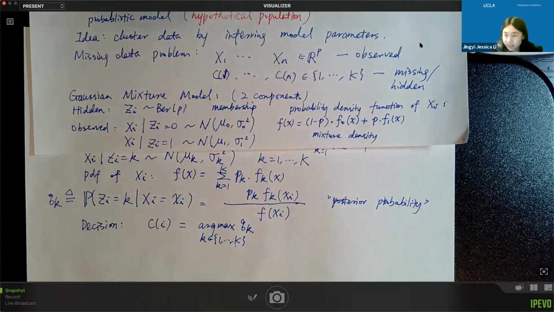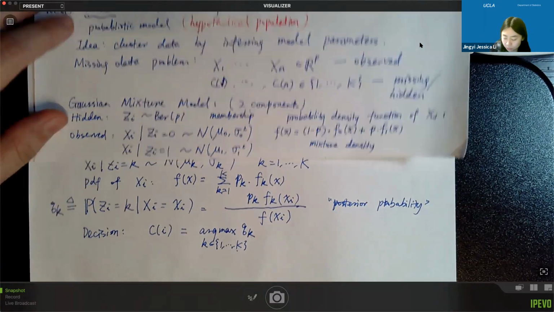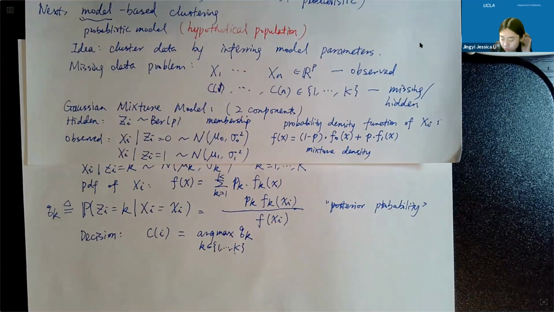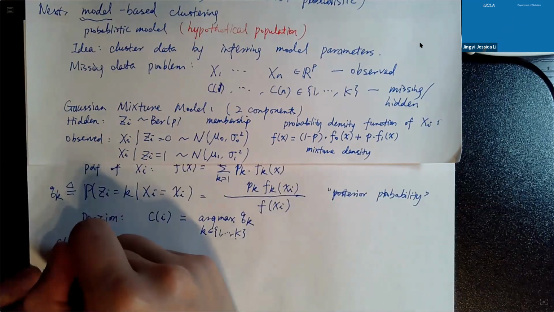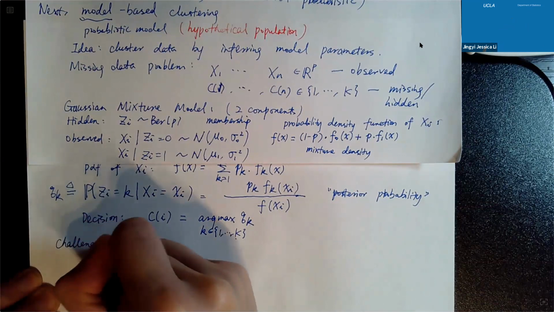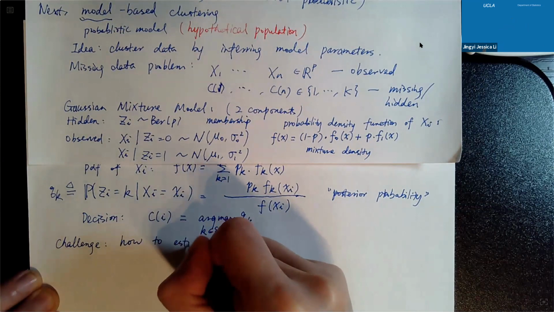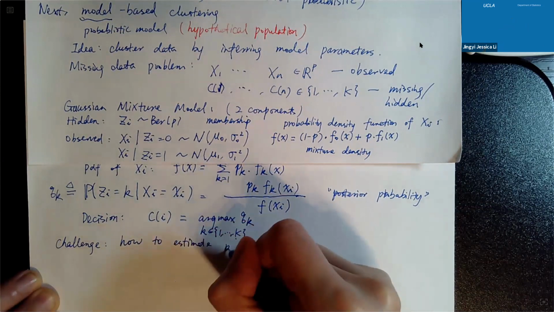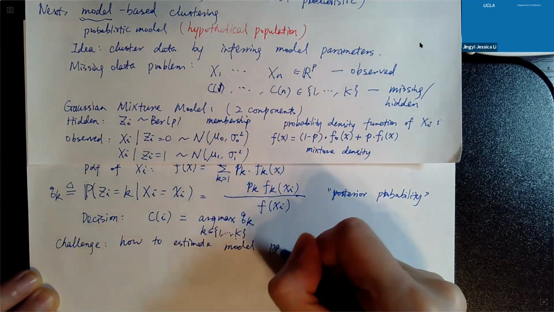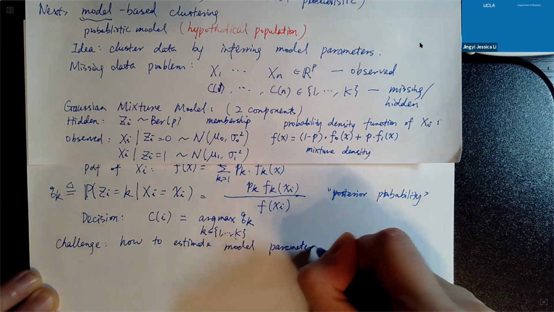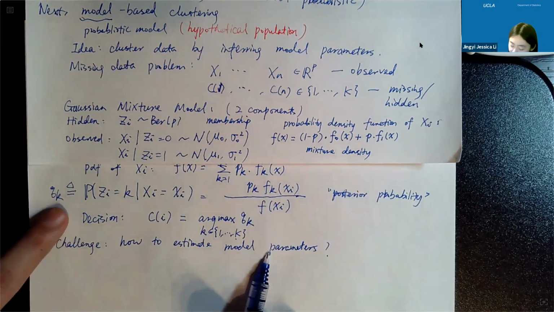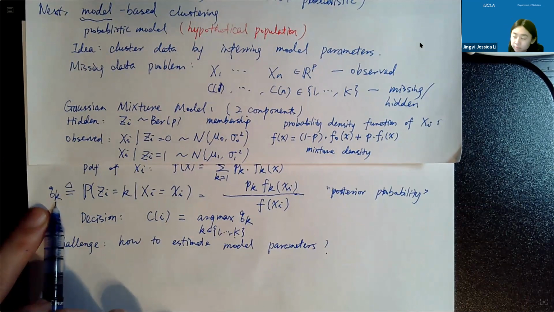Okay, so what I said just now, this whole part, will be applicable to any model-based clustering. That's just the essence behind it. But usually the challenging part is how to estimate model parameters, because these parameters are needed for your calculation of qk.